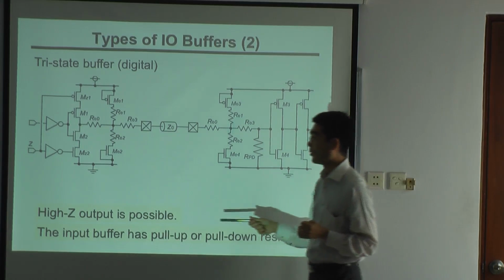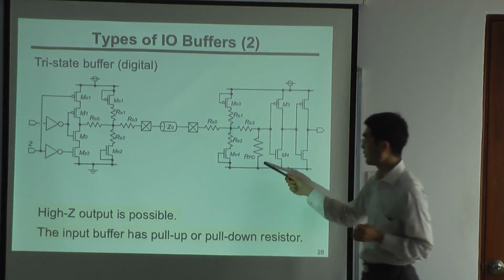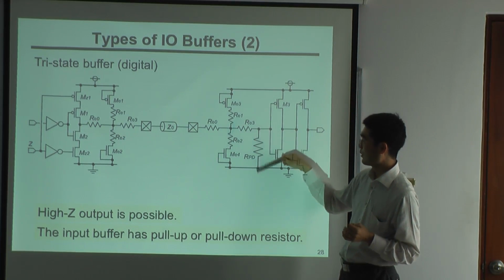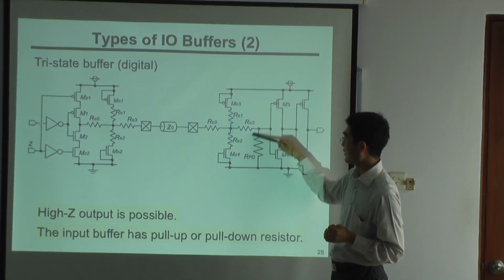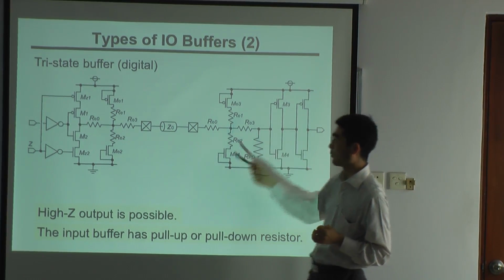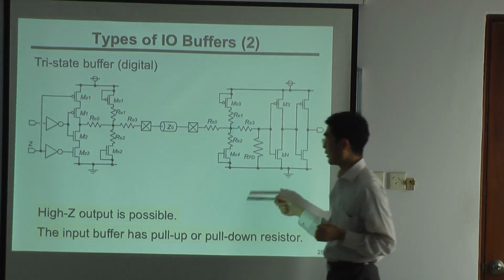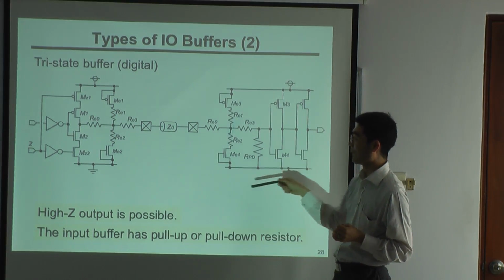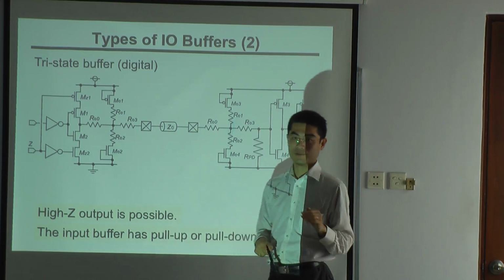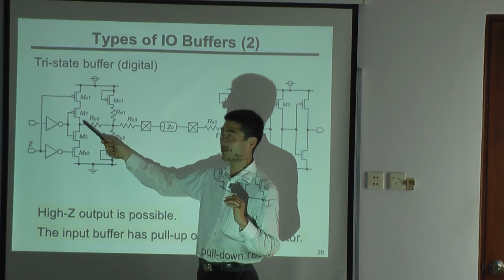So for an open output, we put a large resistance. Large resistance means it can be ignored; it is too large compared with the on resistance of this transistor. So it can be ignored if this output buffer outputs high or low, and it works only when the output is open.